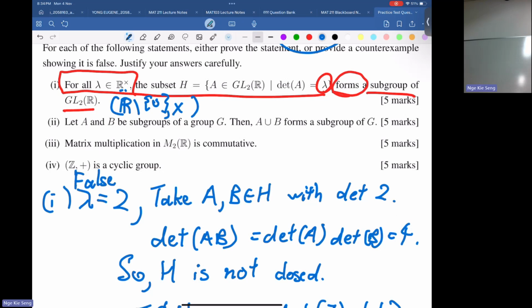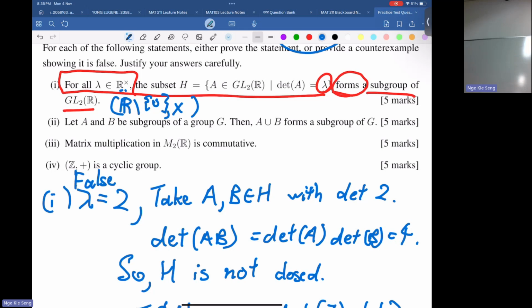If it's true, what do you need to do? You need to show the 3 properties. Is the inverse in there or not? Is the identity in there or not? Is it closed or not? I think you have a problem showing closure. How do you argue that everything in A times everything in B is in the union? Why? Not necessary.